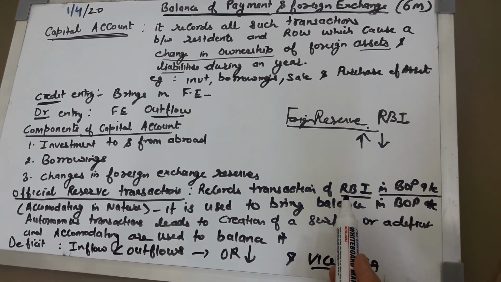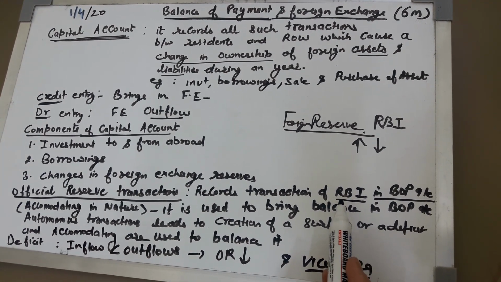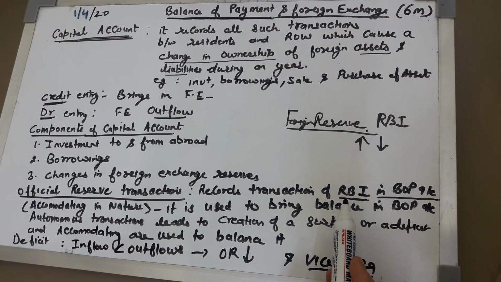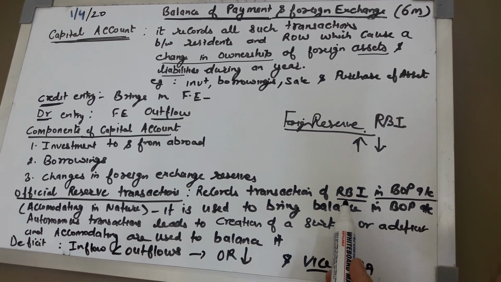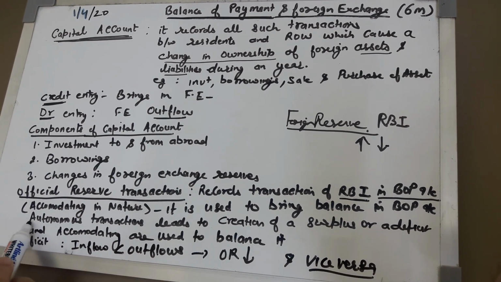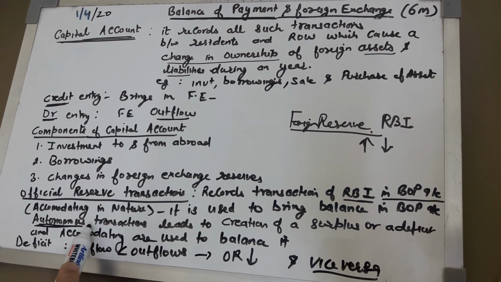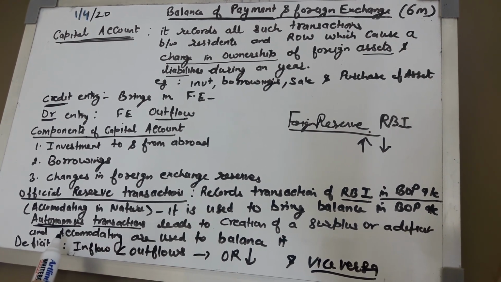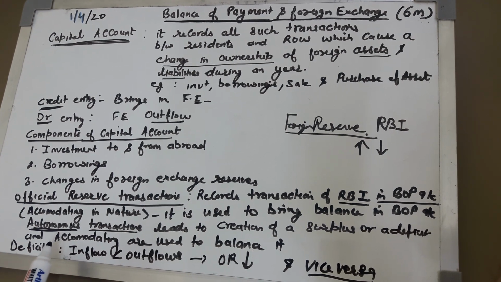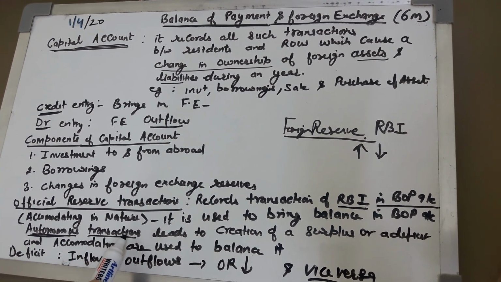But it has two components, current account and capital account, and there can be a surplus or deficit in these accounts, and this surplus or deficit which arises on these accounts is of autonomous nature. Autonomous transactions are those transactions which do not depend on the condition of the country's BOP. Means they are independent transactions.